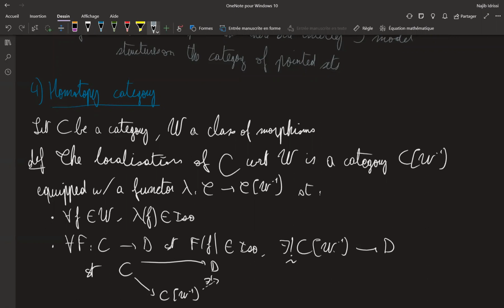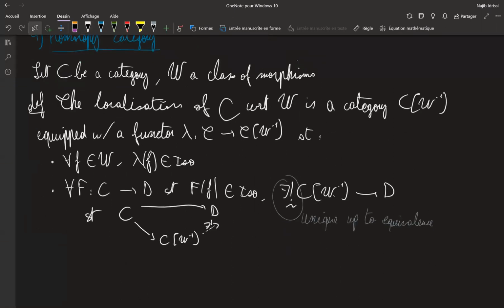This is my notation for unique up to equivalence. And this diagram commutes, oh no, it commutes strictly, maybe.